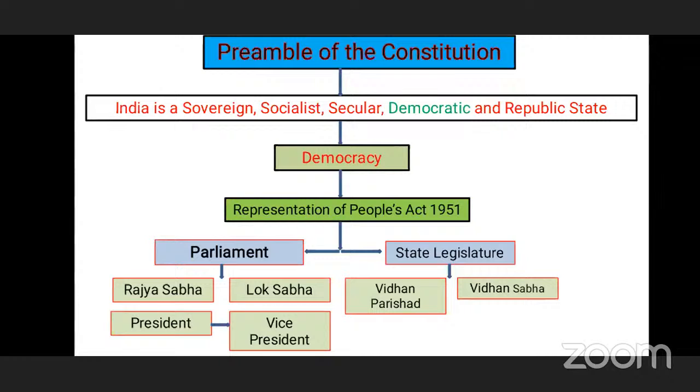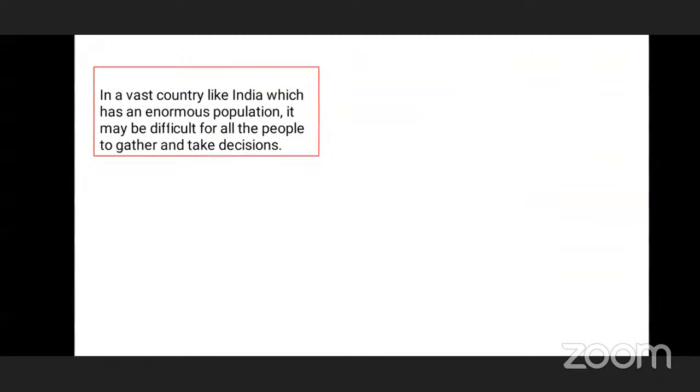Look at this. There is a Parliament, state legislature, particularly Parliament, Rajya Sabha, Lok Sabha, and all state governments, state legislatures, Vidhan Sabha and Vidhan Parishad, president and vice president. These are constitutional bodies. What is the election system in India?